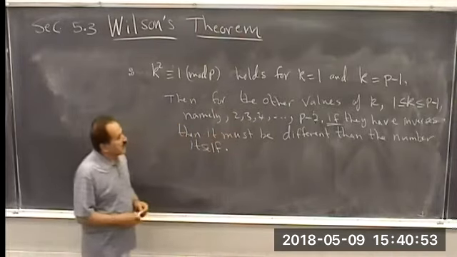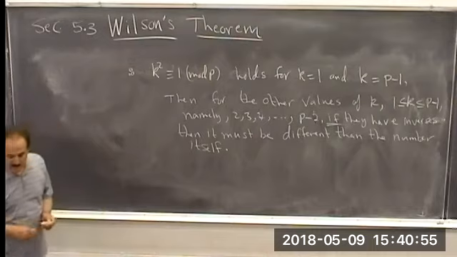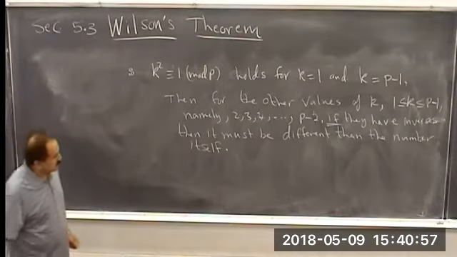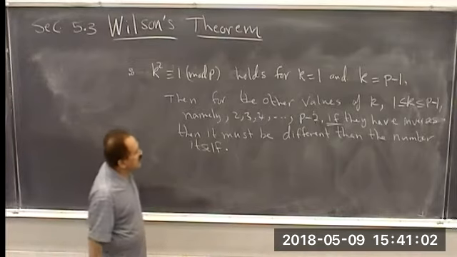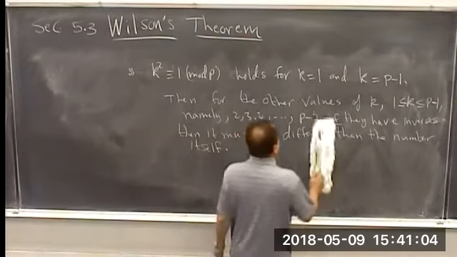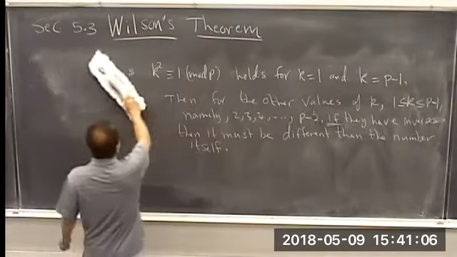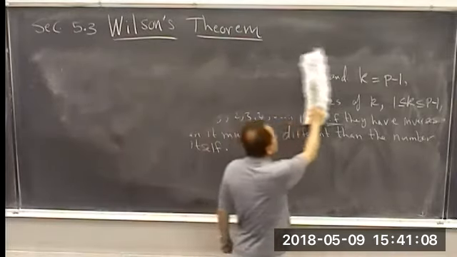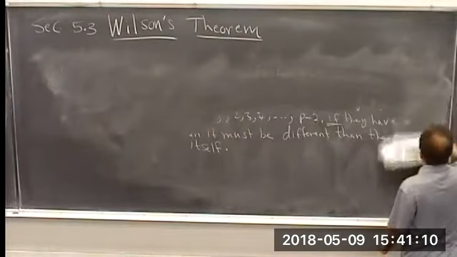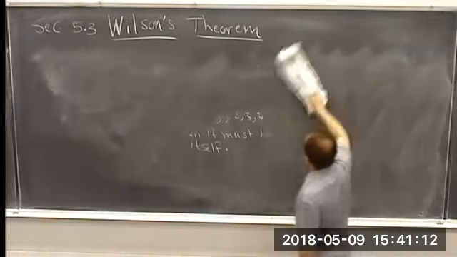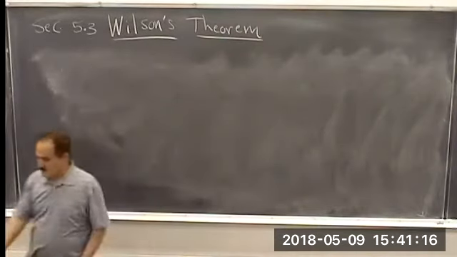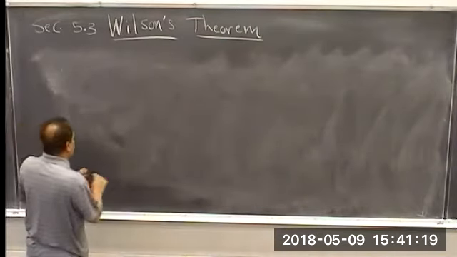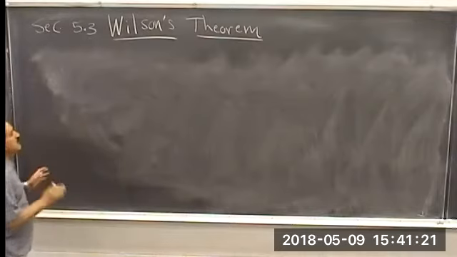All right? So before we actually state, let me state Wilson's theorem, and then we're going to illustrate the method of the proof that we're going to use by an example. And then we will give the formal proof. So Wilson's theorem. Actually, there are two parts to this.